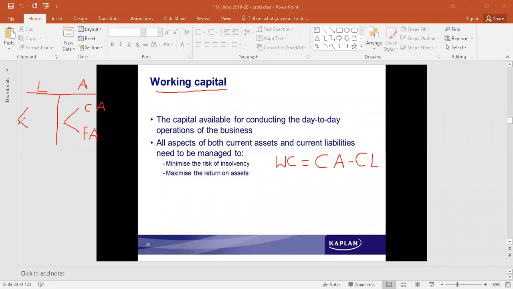Of course, some of them write the classification on the asset side also as three types. One is current assets, second is investment, third is fixed asset. But a common practice is that investment is clubbed together with fixed assets, and we generally see only two types of assets. Here on the liability side, we have current liabilities, we have long-term liabilities, and the third category is called equity.